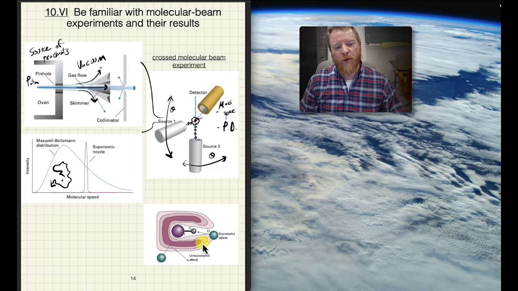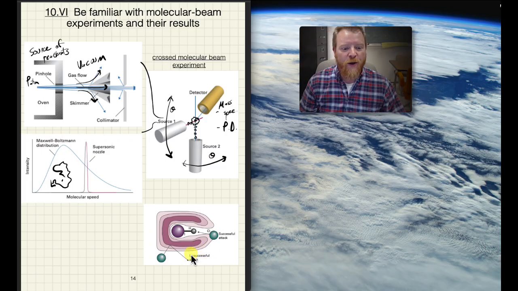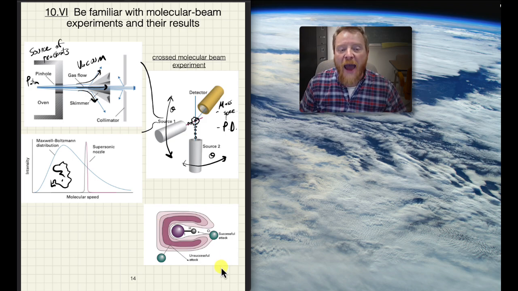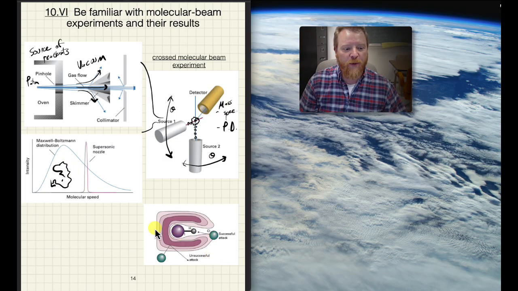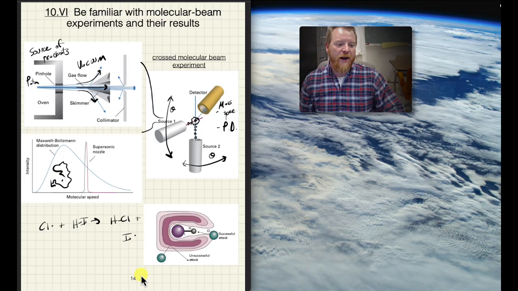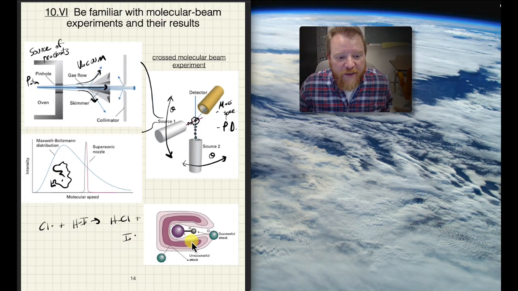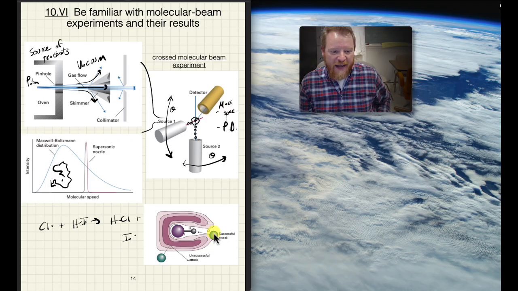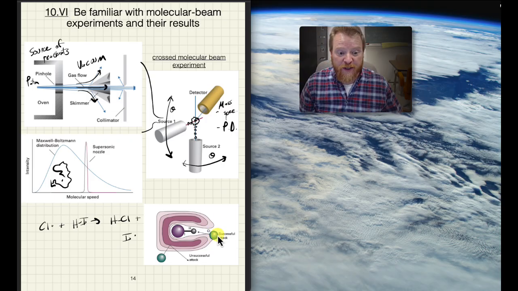So for example, here's something we might see in a crossed molecular beam experiment, where we create this map of what would lead to a successful reaction or an unsuccessful reaction. For example, in the reaction of a Cl radical reacting with HI to displace that to an HCl plus an I radical, there is a very specific angle of attack that leads to a specific reaction.